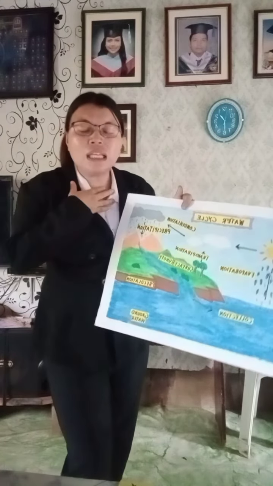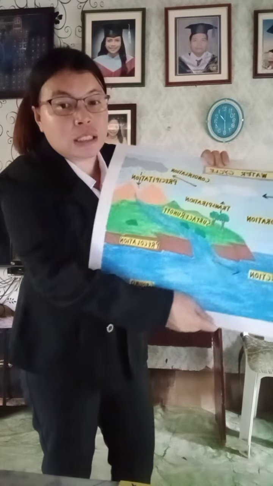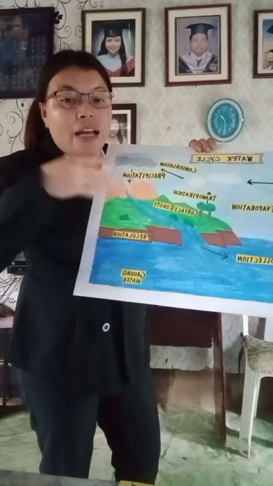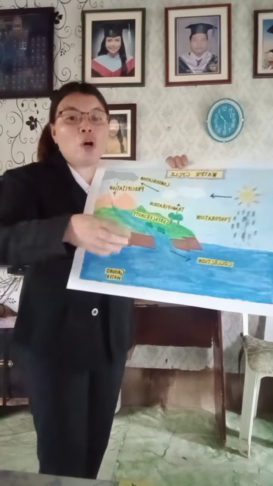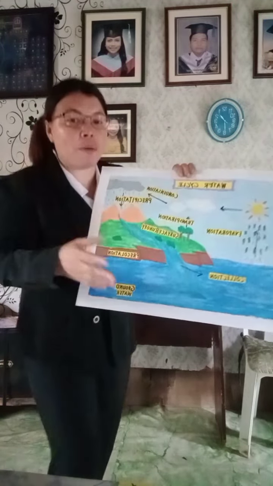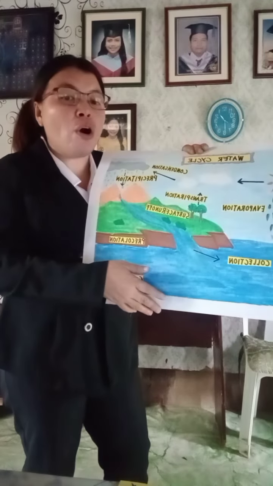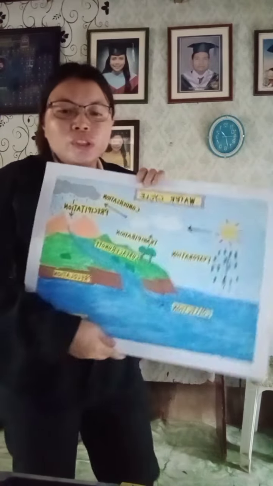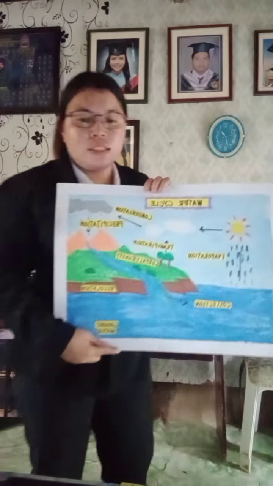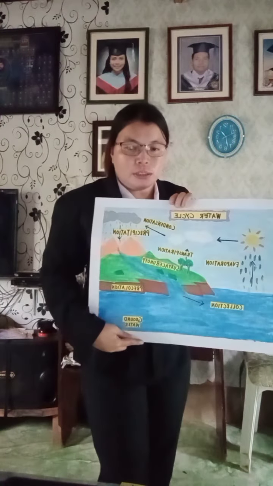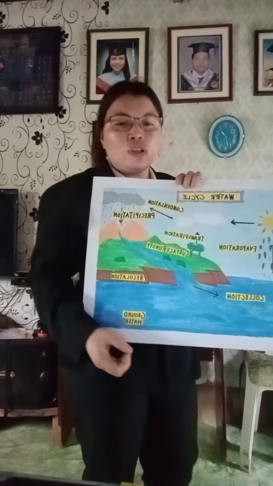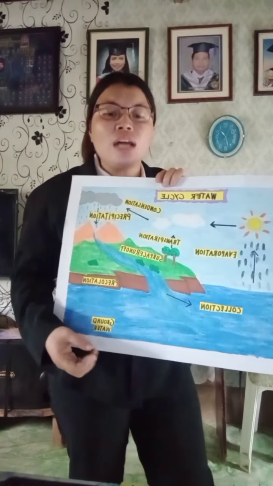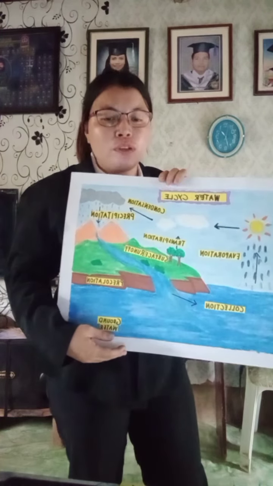So, class, this is the endless cycle of water moving through our planet; it goes on and on. The water cycle has eight processes, including collection, condensation, transpiration, precipitation, and the others, all part of the water cycle.